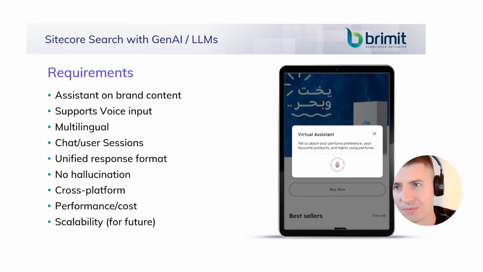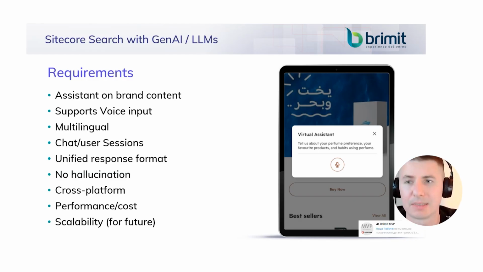And here you can see a list of requirements for this feature. Let me explain all of this. First of all, it must be an assistant that can access the content of our website and is able to make recommendations based on its own knowledge and knowledge of our website content.